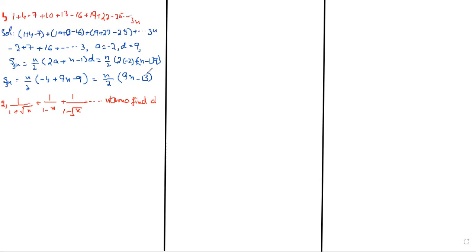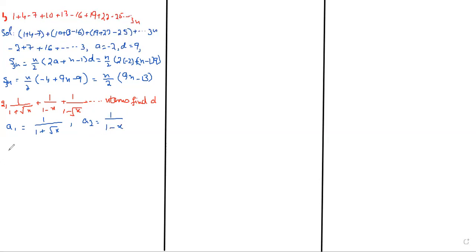The first term, we call it A1, which equals 1 over 1 plus root x, and A2, which is 1 over 1 minus x.